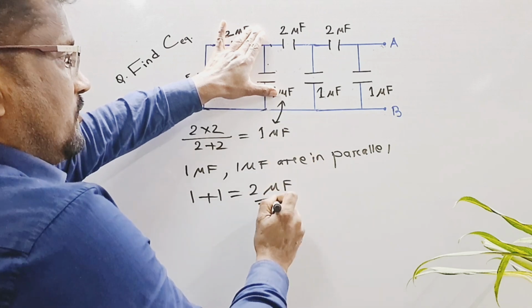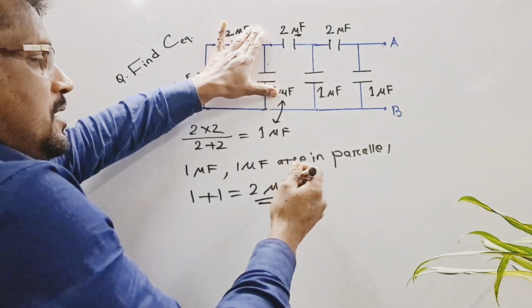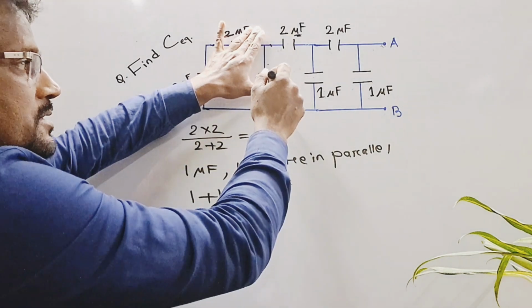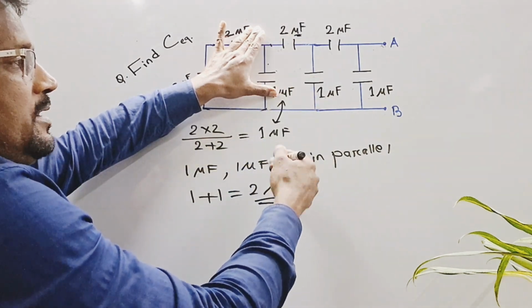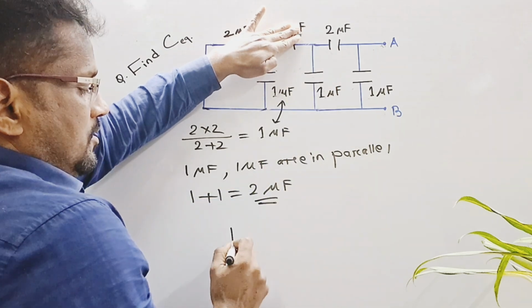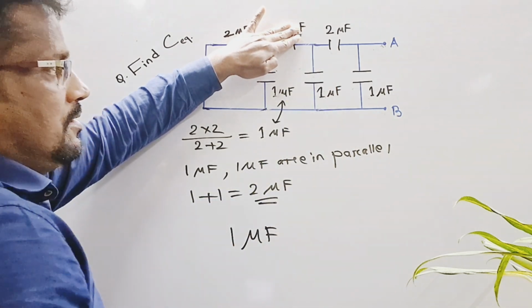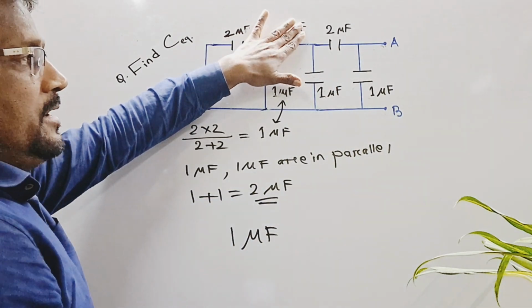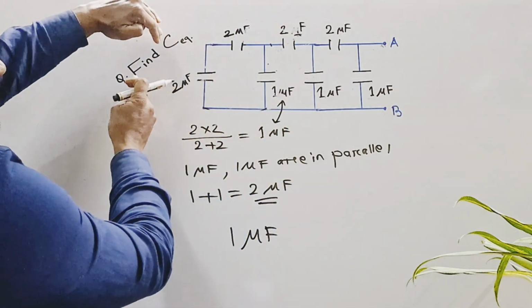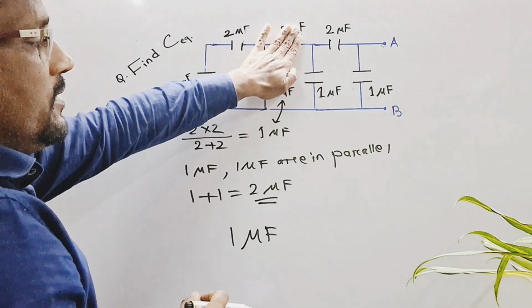Now these 2 microfarad and these 2 microfarad are in series, it's very much clear. As they are in series, the total capacitance will be again 1 microfarad. Now this you have resolved, you will get again 1 microfarad. Up to this you have calculated. Again, after calculation of all these branches, you have obtained 1 microfarad.